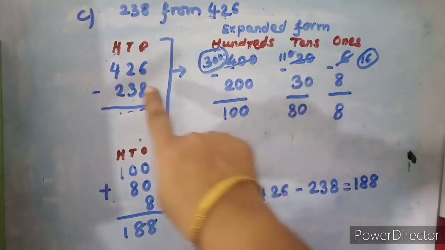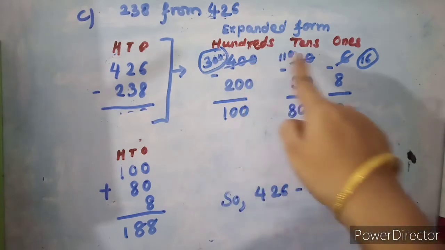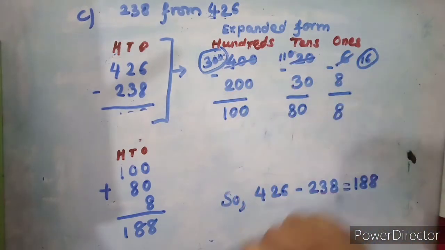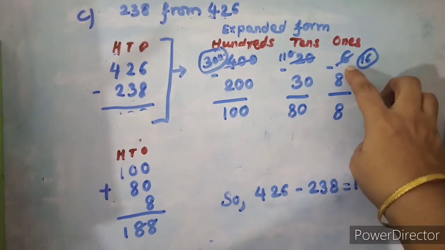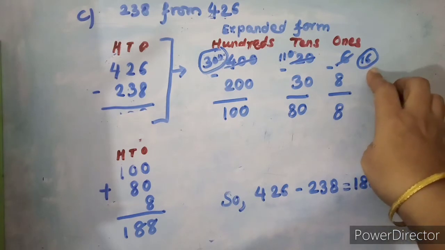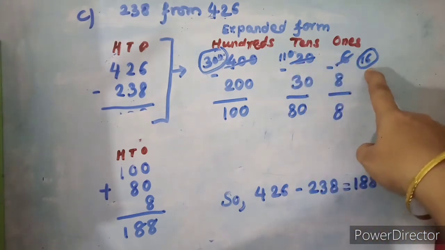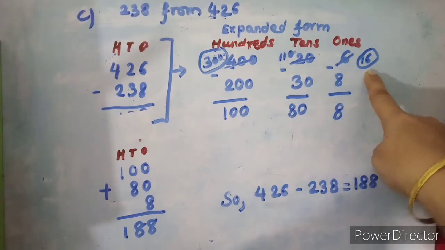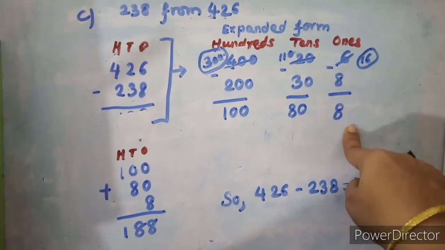So here the expanded form is 400, 20 and 6, and then 200, 30 and 8. Now again you have to go for subtraction with the borrowing method. Here for 6, you have to borrow 10 from the tens position and write 16. So 16 minus 8 gives you 8.